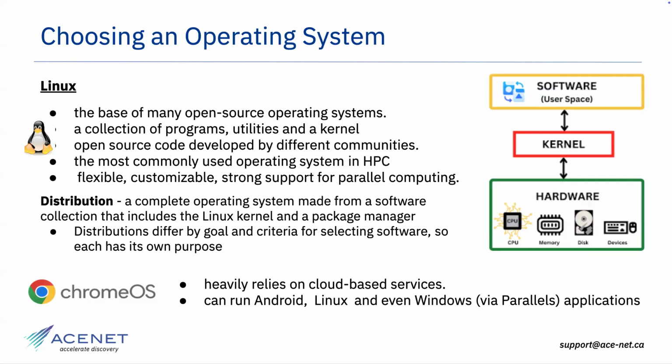So when you install Linux, you have to choose from one of the available distributions. But what's a Linux distribution and why are there many Linux distributions? Well, overall, the Linux project has a huge amount of open source code developed by different communities. And when Linux was originally developed, distributions did not exist.